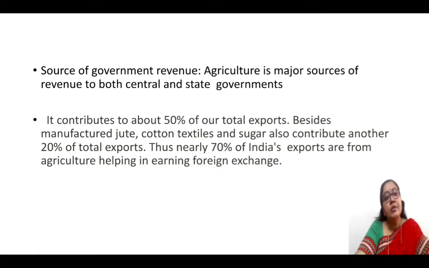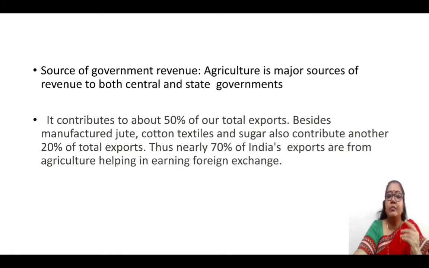Moving on to the revenue to the government, agriculture is a major source of revenue to both the central and the state governments. And coming to the contribution of agriculture to exports, we find 50% of the exports are basically from agriculture.